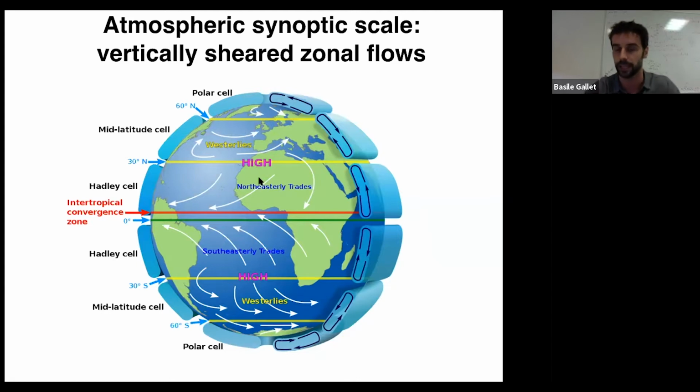I will explain what that is. That could be a perfectly valid equilibrium state, except that it is unstable. It is subject to the baroclinic instability, which is an instability that leads to eddies and turbulence, which again will greatly enhance the heat transport between the equator and the poles, and thus reduce the temperature difference between the equator and the poles.